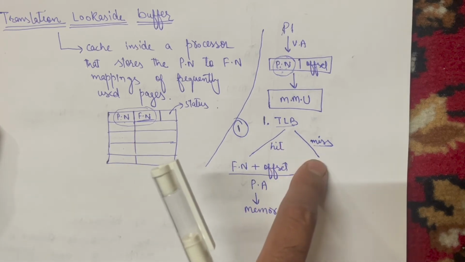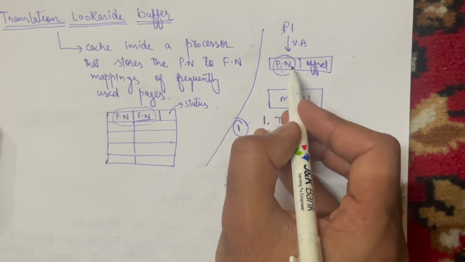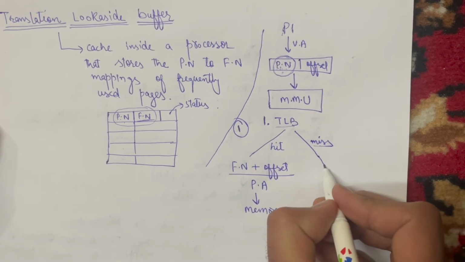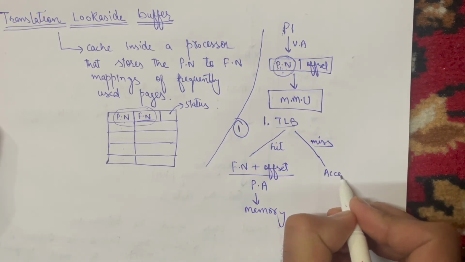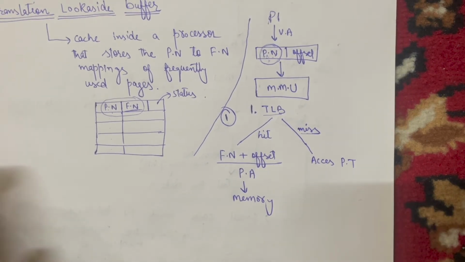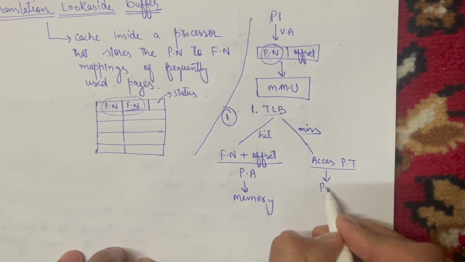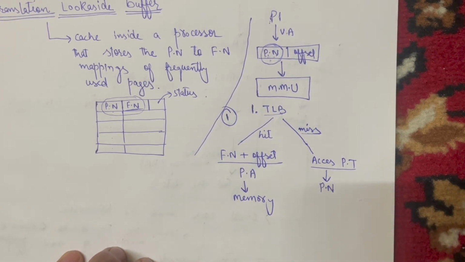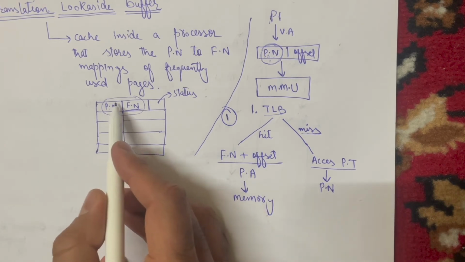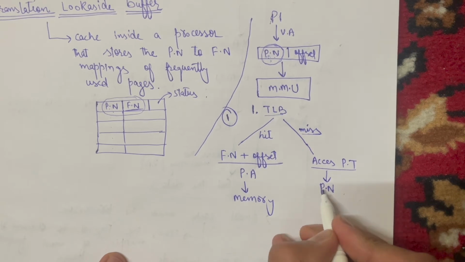So in a TLB miss, it now has to convert this page number into a frame number. That means it has to access the page table, because the mapping is there. From the page table it will get the frame number, and it will update the TLB with this new mapping, page number to frame number.